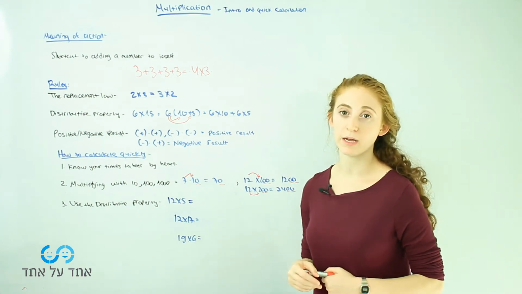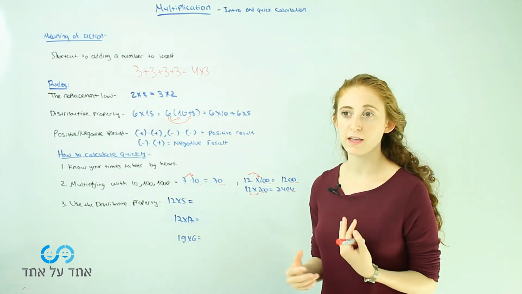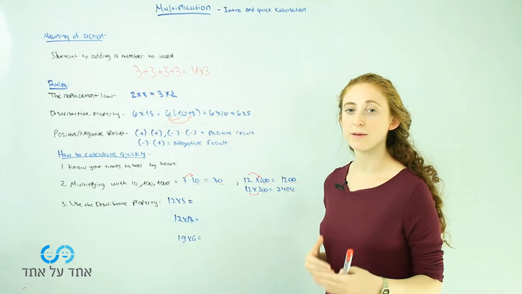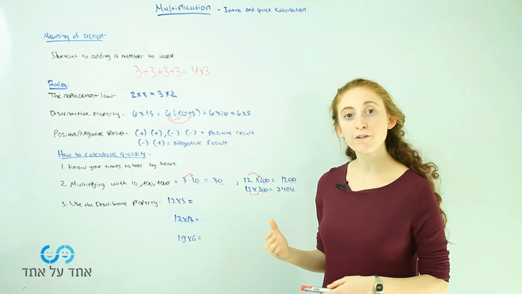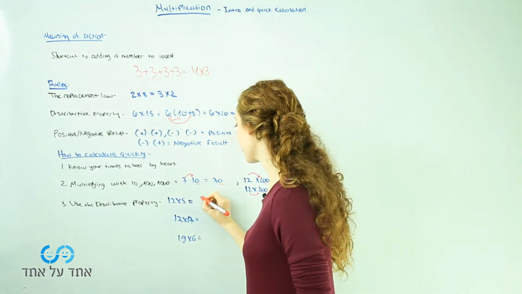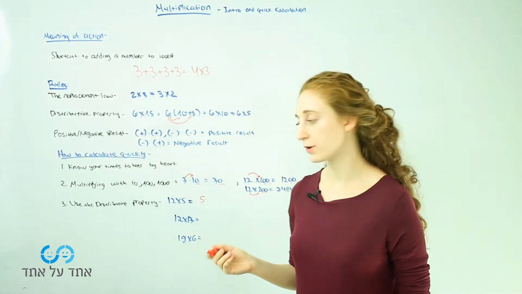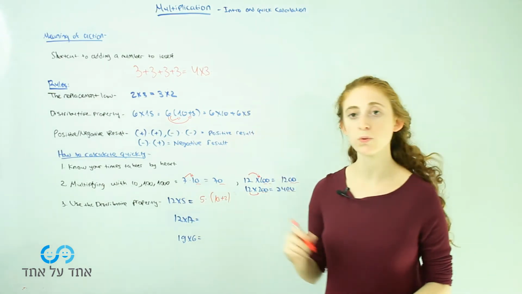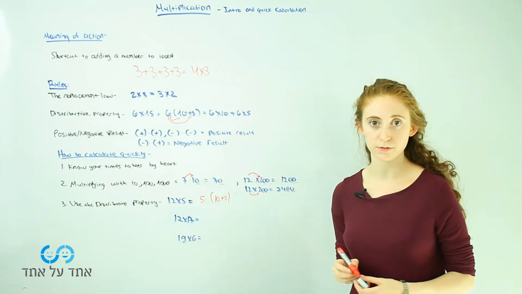Now, if I have 12 times 5, it's hard to think about 12 times the number 5, right? It's something that's more difficult. But with the distributive property, I can break it up. I can say that it's 5 times, because the order doesn't matter, 10 plus 2, because 10 plus 2 is 12. I can say it's 5 times 10 plus 2.